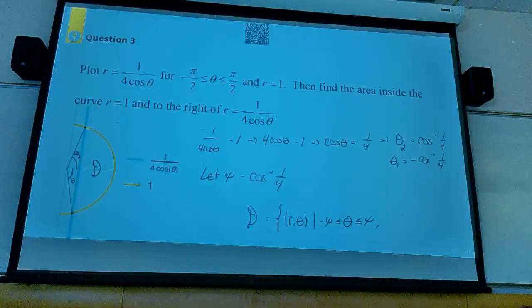R goes from a quarter secant theta to 1. Notice I'm writing 1 over cosine as secant. Again, the r was easy to see for this one.